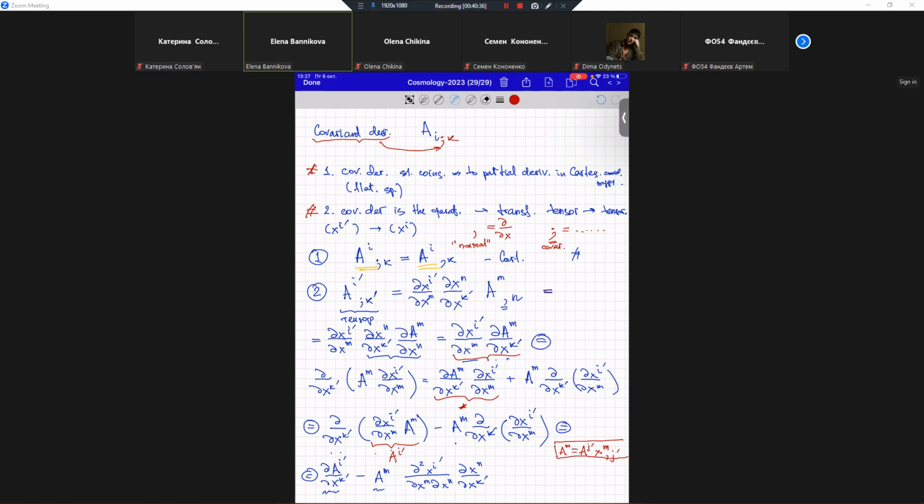So you can rewrite all of this, but I can just change it because I want to finish on this page. So instead of A_m, I will kill A_m, and I will put here A_j.